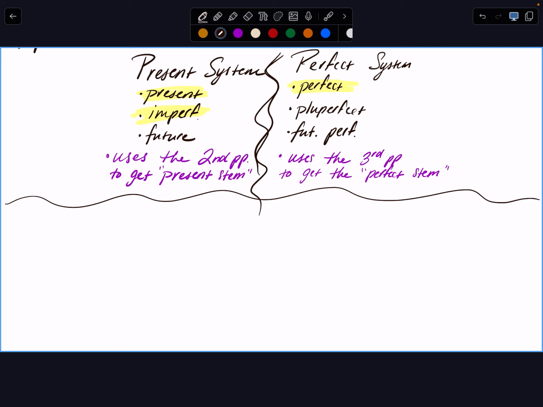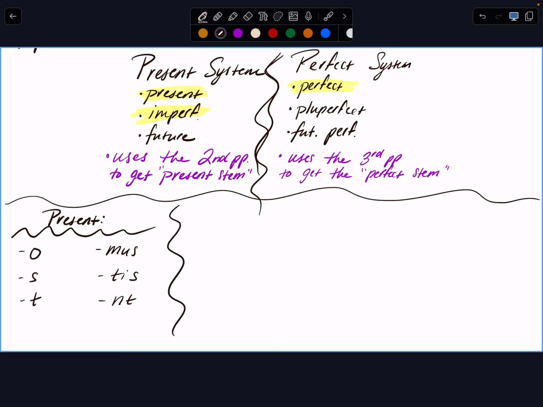Patience. All right. So in terms of the present tense, let's just deal with what we know. What are the endings? How about the imperfect?